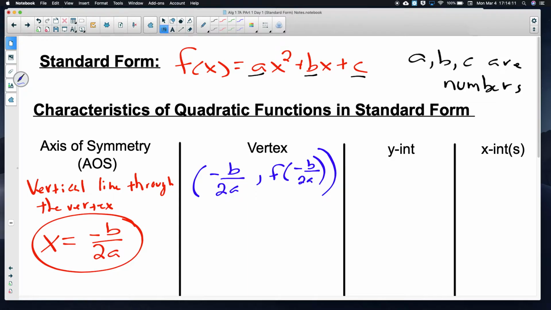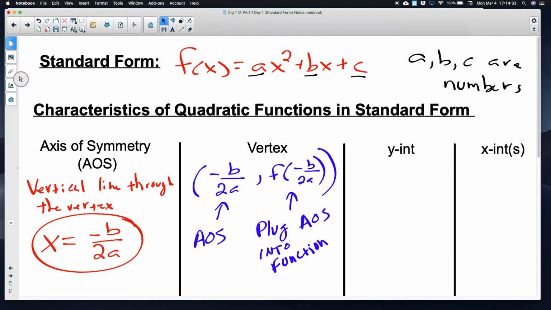I know this ordered pair looks confusing, but the x-coordinate is always your axis of symmetry, and your y-coordinate is always the number you get after you plug your axis of symmetry into your function. So that might take a little bit of work, but we'll get through it.